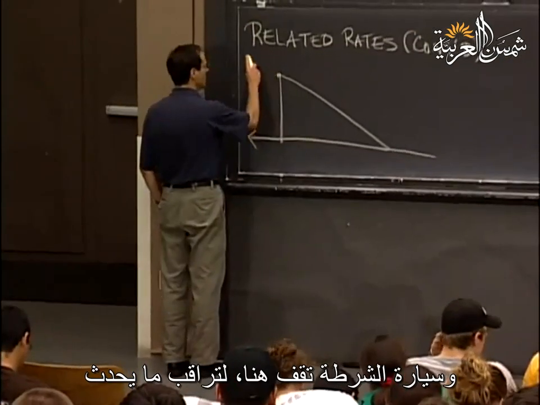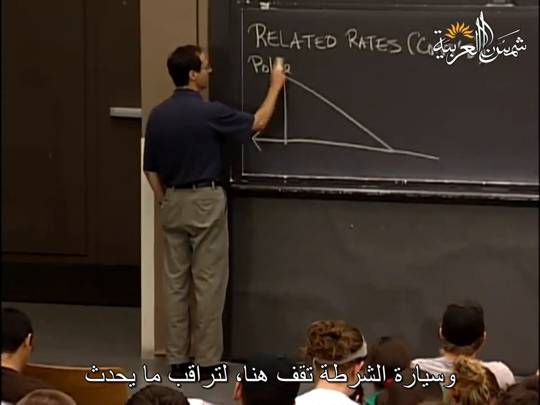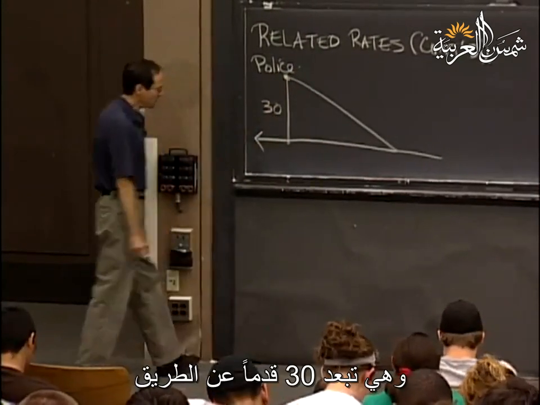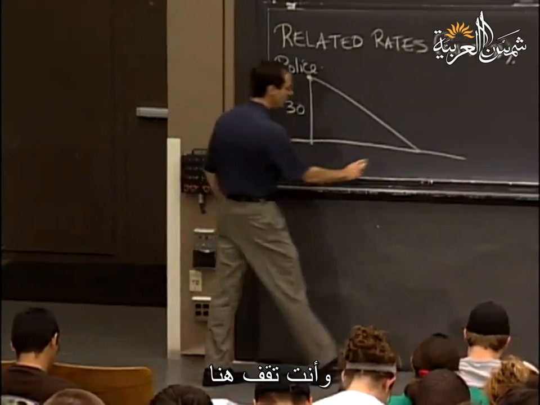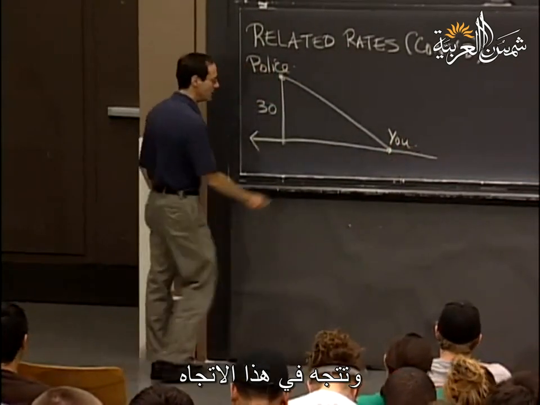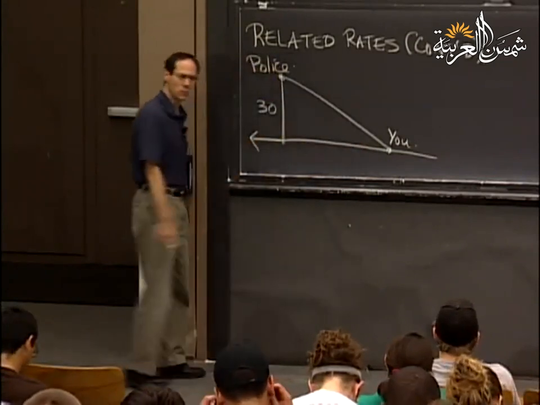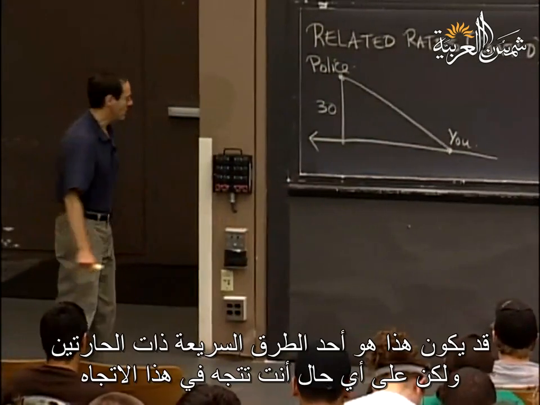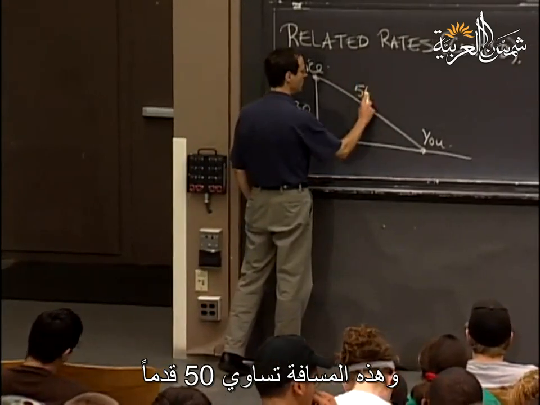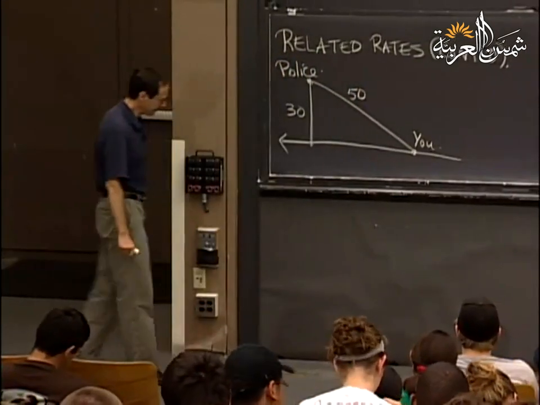And the police were up here, monitoring the situation, 30 feet from the road. And you're here, and you're heading this way. Maybe it's a two-lane highway, but anyway, it's only going this direction. And this distance was 50 feet.